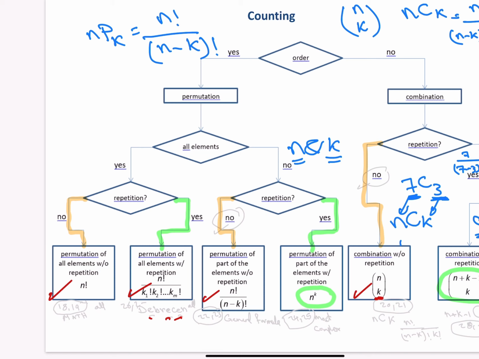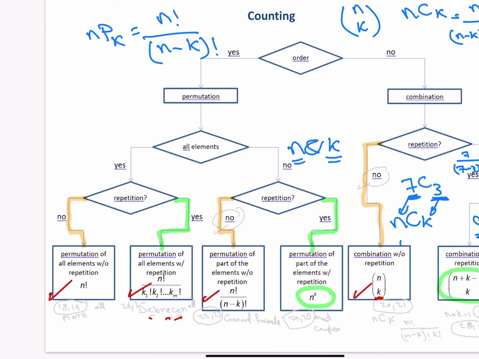So always amino acid can have repetition, and at the same time it will be a permutation. So here it has repetition and we'll use all the elements.